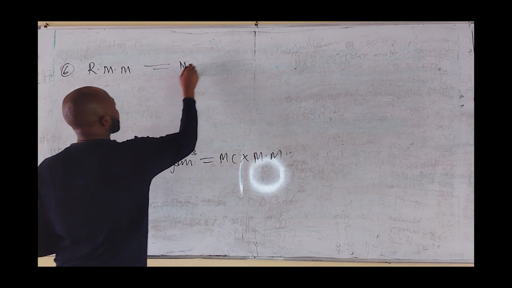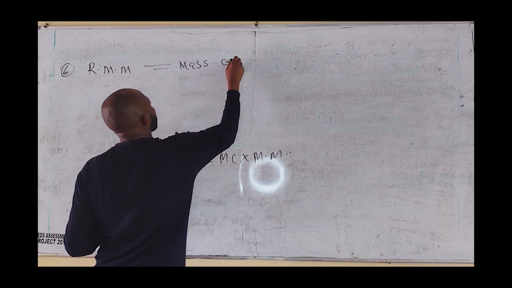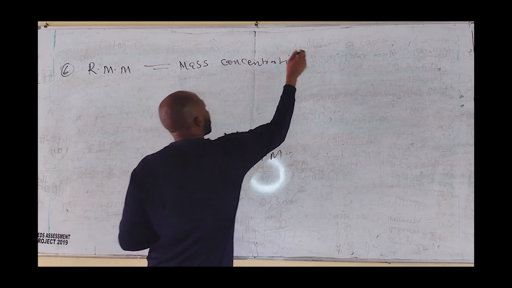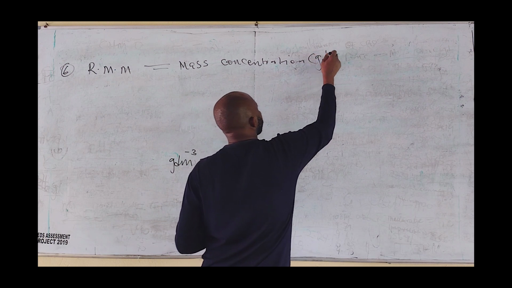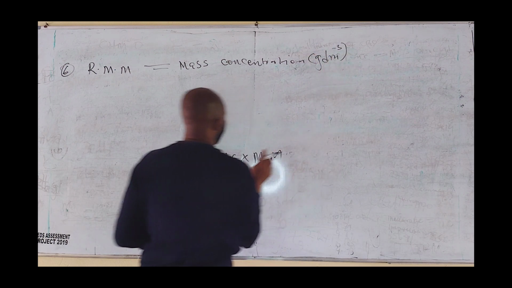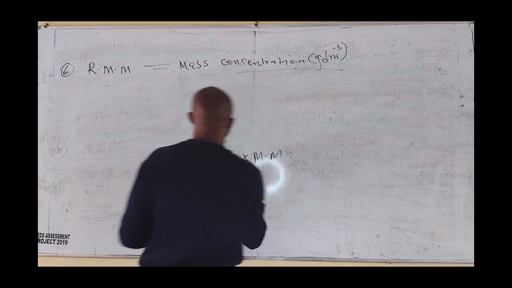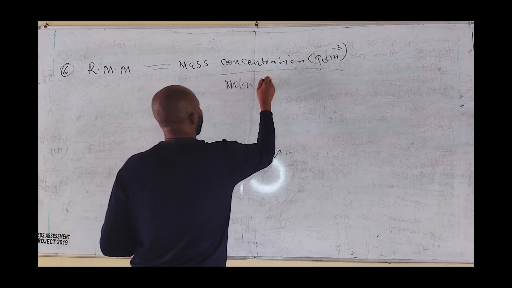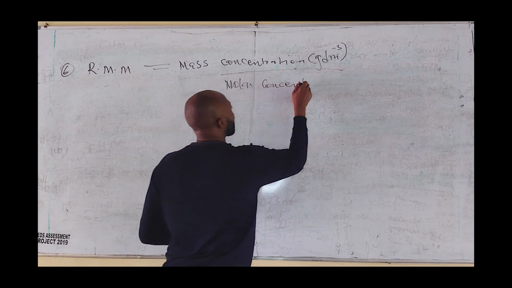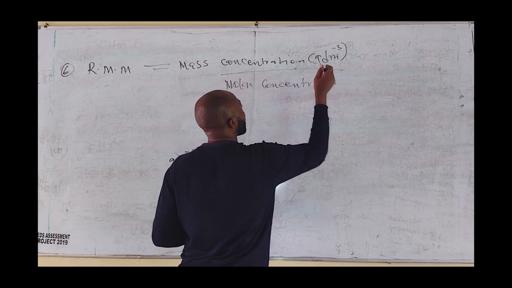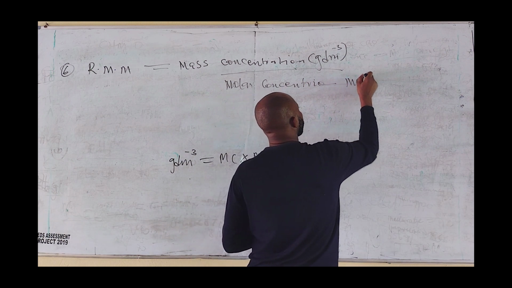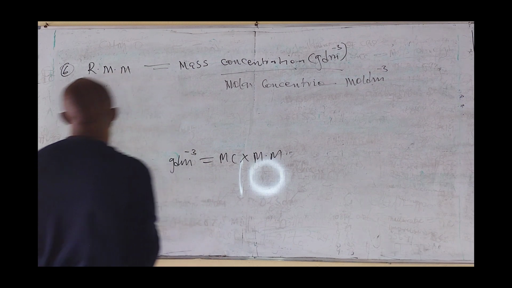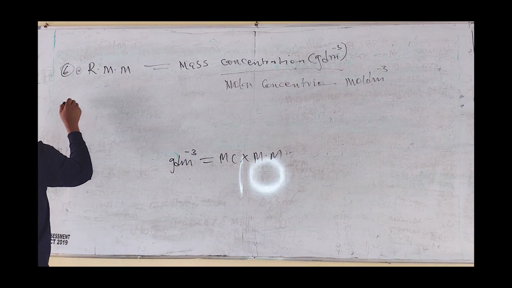So we have mass concentration in g/dm3 over molar concentration in mole per dm3. That is 1. So let me call that 6A.